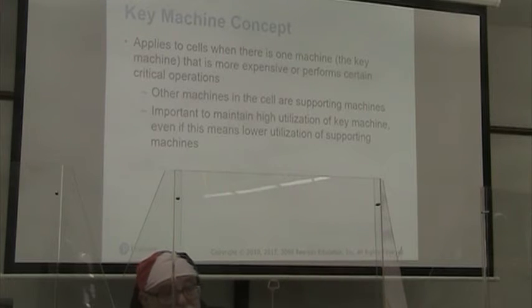All right, we have the key machine concept, and that applies only to work cells where there's only one key machine. And it's called the key machine, strangely enough. We usually have this when the machine is more expensive or is performing certain critical operations.